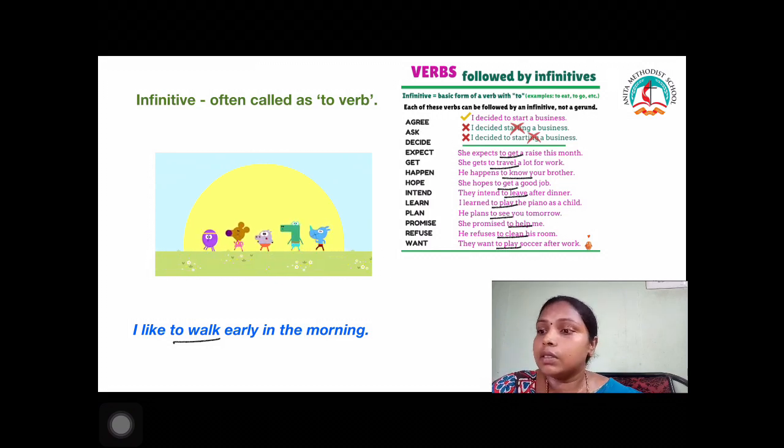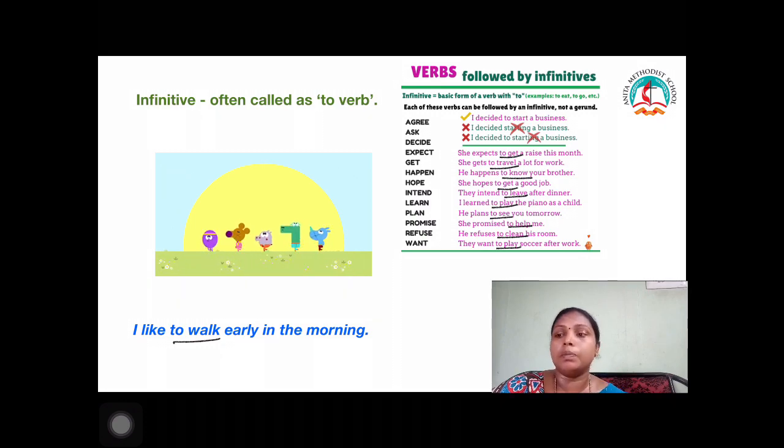Here, the infinitives are to get, to travel, to know, to get, to leave, to play, to see, to help, to clean, to play. All these underlined words are called infinitives.